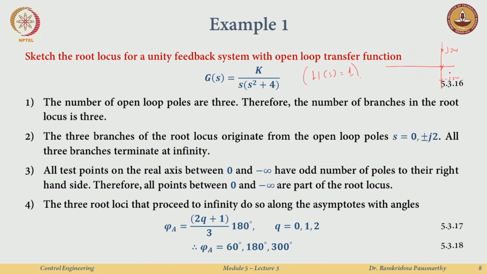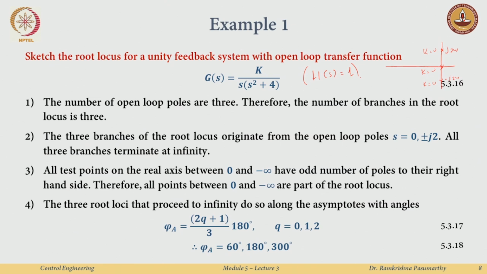When k equals 0, I am just at the poles. The root locus is symmetric about the real axis, and all of the branches go to infinity because there are no zeros.